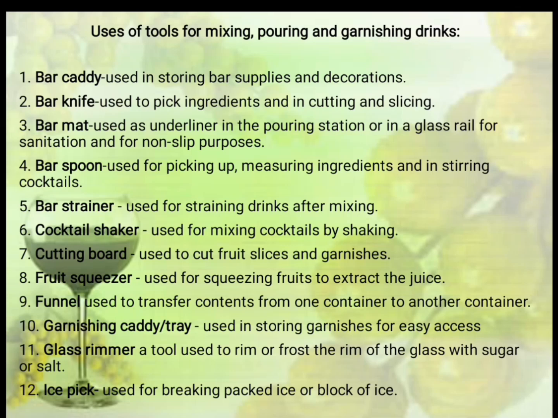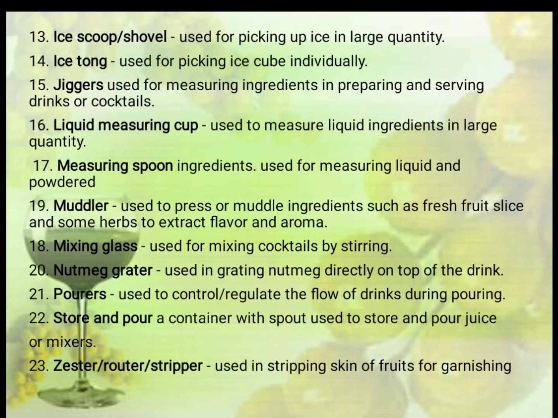Eleven, glass rimmer, a tool used to rim or frost the rim of the glass with sugar or salt. Twelve, ice pick, used for breaking packed ice or block of ice. Thirteen, ice scoop shovel, used for picking up ice in large quantity. Fourteen, ice tongs, used for picking ice cubes individually.